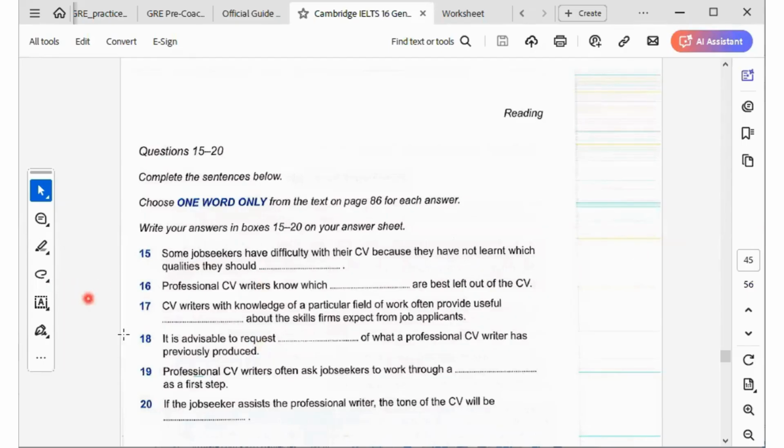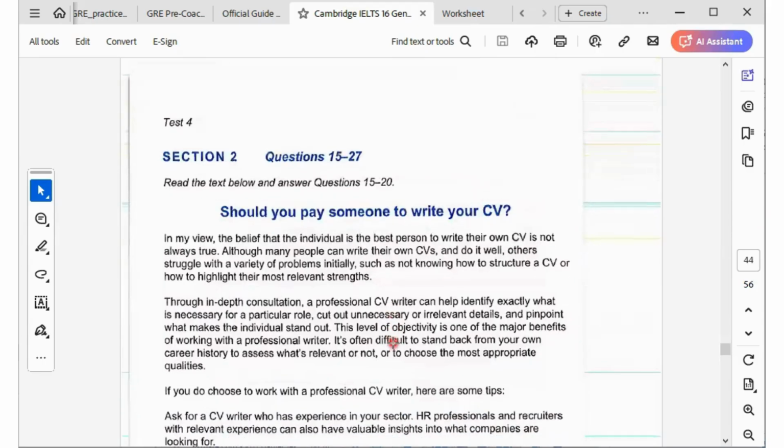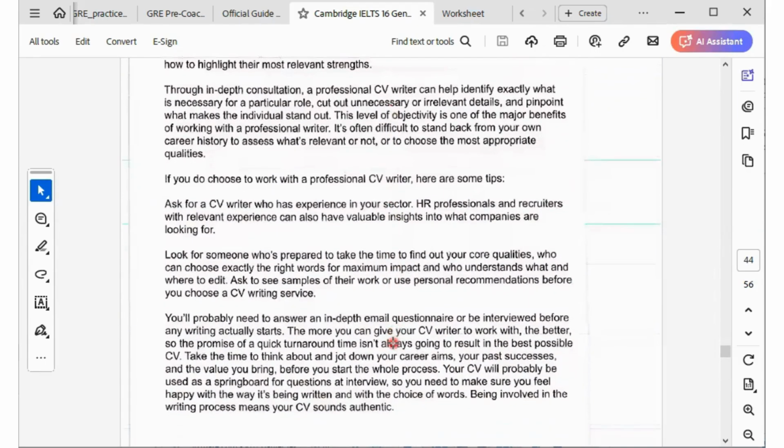Number 19. Professional CV writers often ask job seekers to walk through a dash as a first step. Okay, let's go back to the passage. Walk through a dash as the first step.